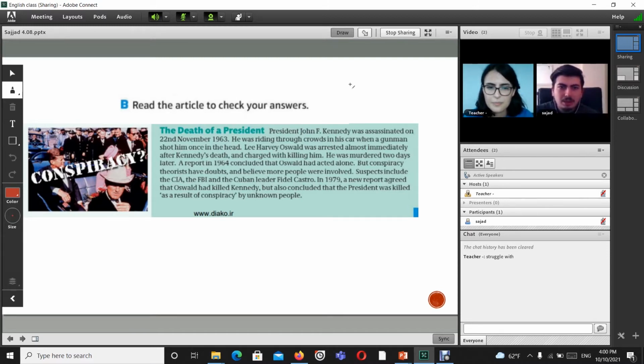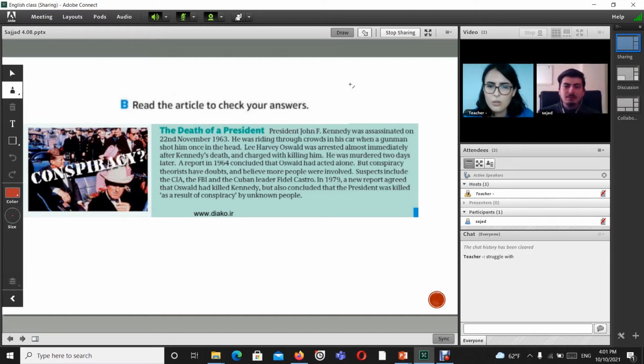Suspects include the CIA, the FBI, and the Cuban leader Castro. In 1979, a new report agreed that Oswald had killed Kennedy, but also concluded that the president was killed as a result of a conspiracy by unknown people.